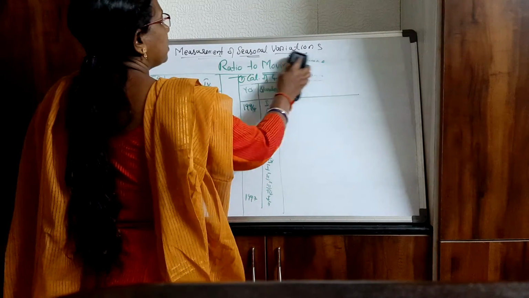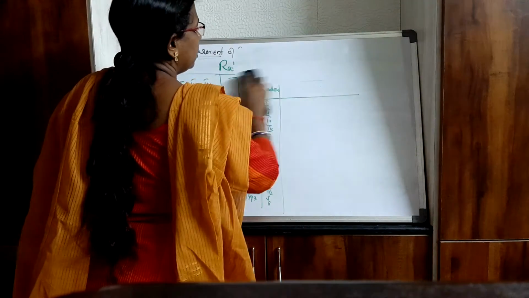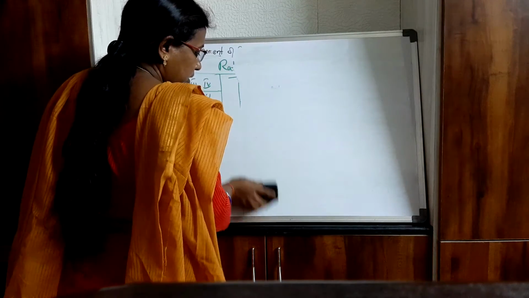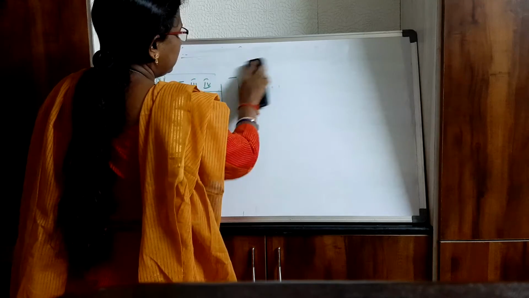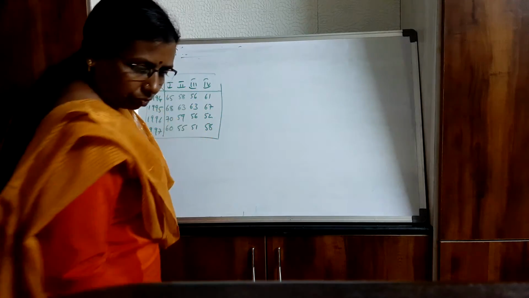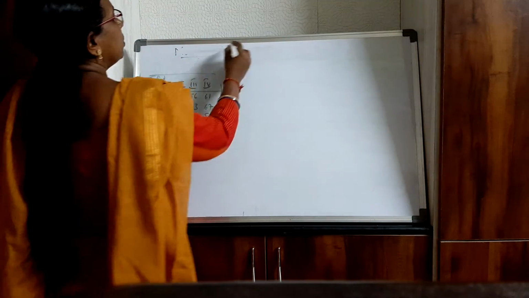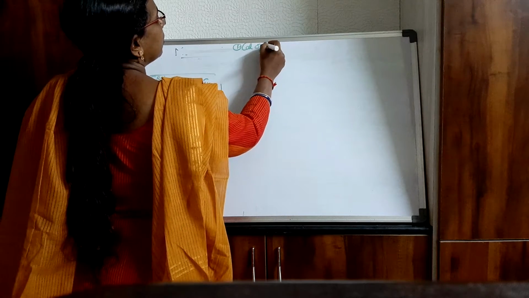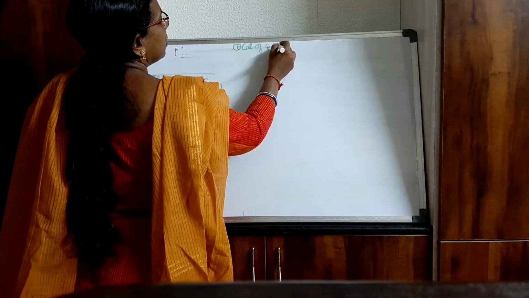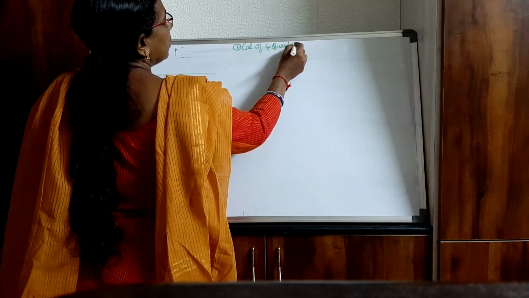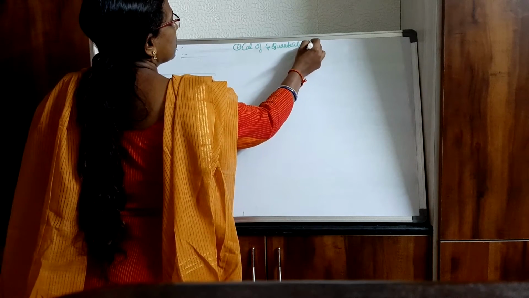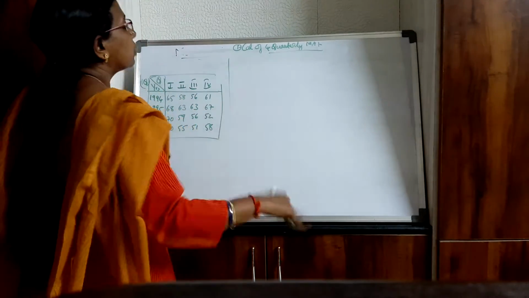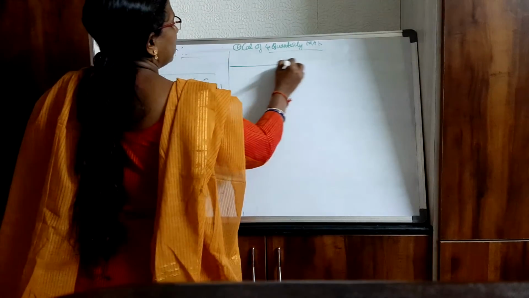I'll erase this heading and write it from here so that you can see the calculations easily. So first step is calculation of 4 quarterly moving averages. For this, arrange the data vertically.